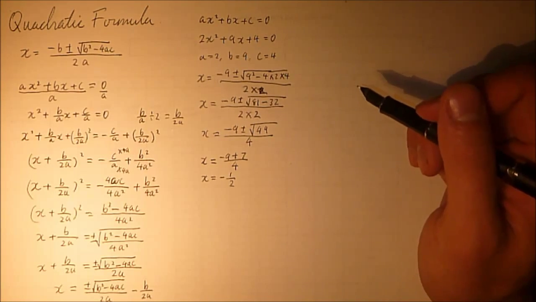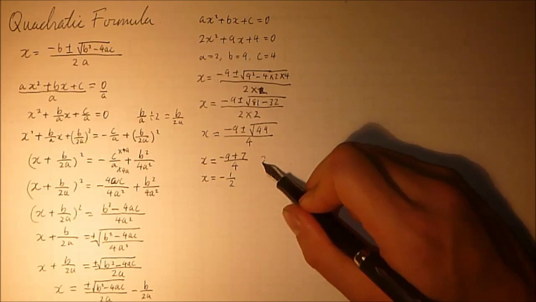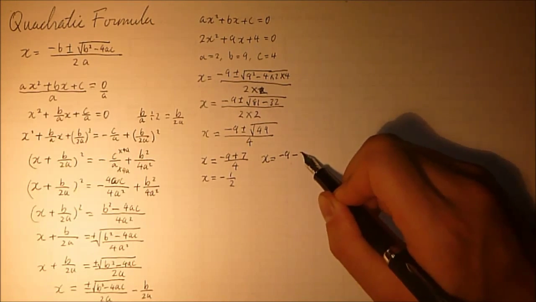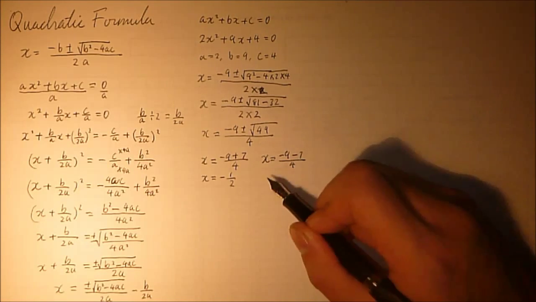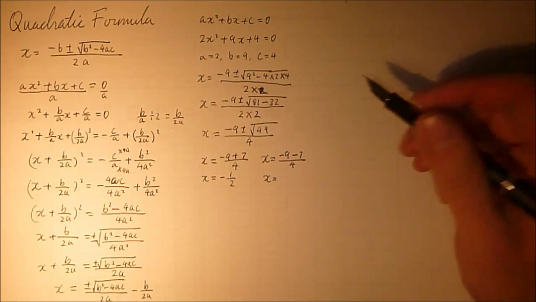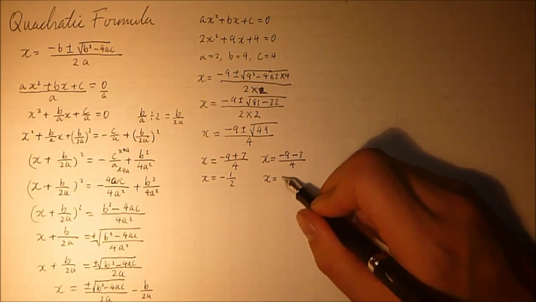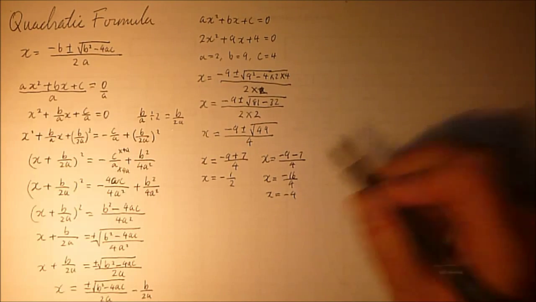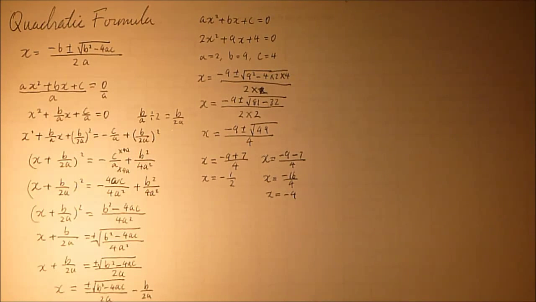And alternatively, x can equal minus 9 minus 7 over 4, which gives us minus 9 minus 7 is minus 16, so minus 16 over 4, x equals minus 4. So that yields our two solutions.